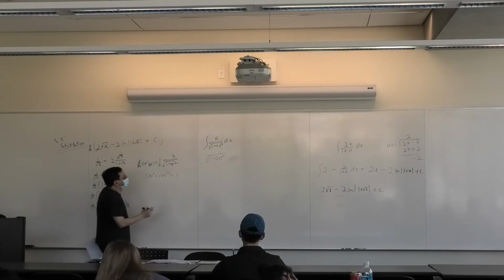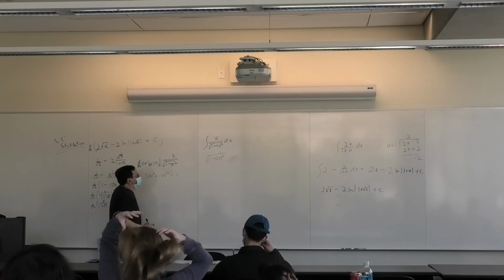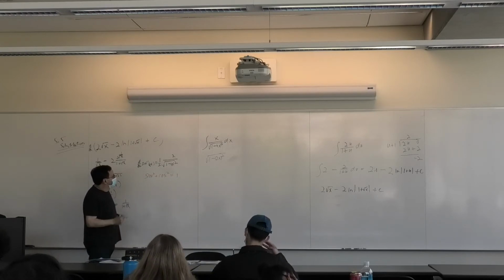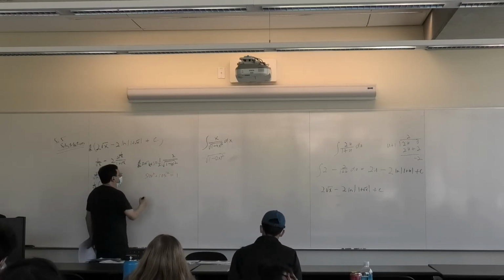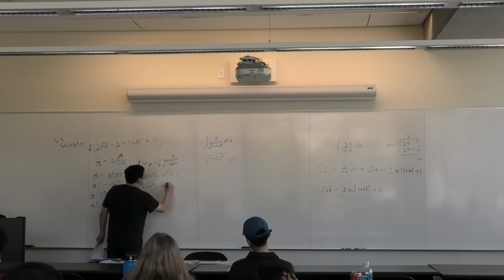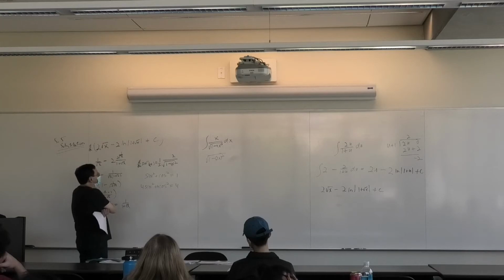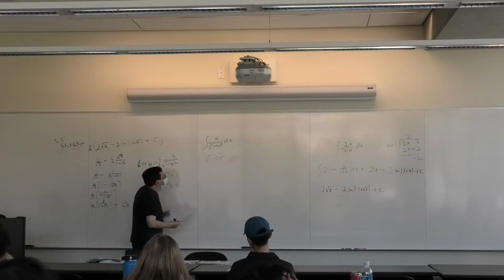Oh, I could plug in a sine or a cosine here, but that doesn't really work, does it? Well, that's 4. Well, that doesn't work either. Well, let's just kind of shoot the moon here.